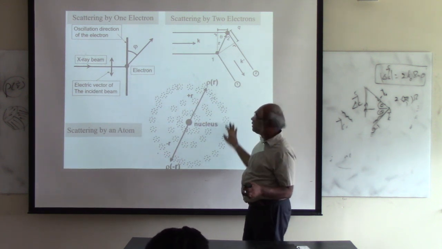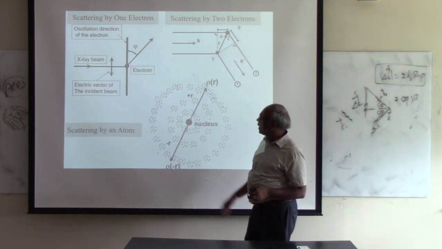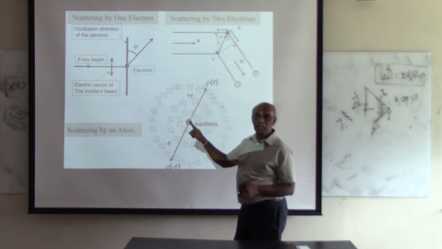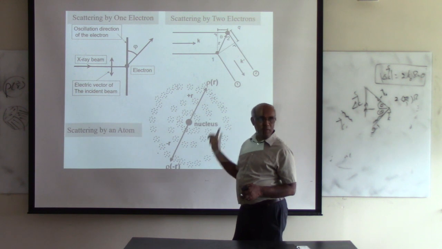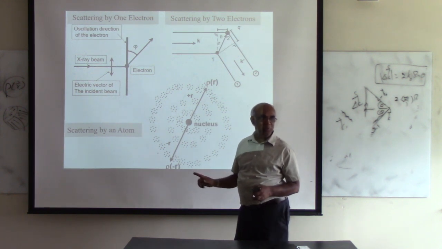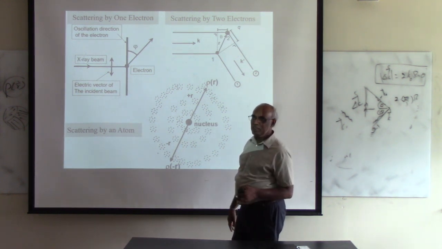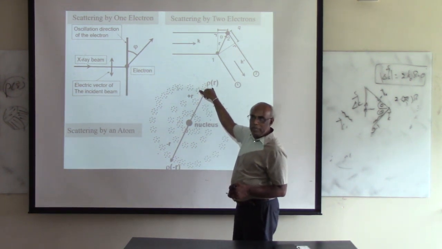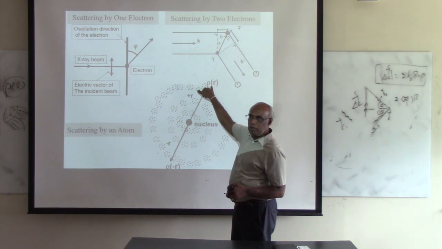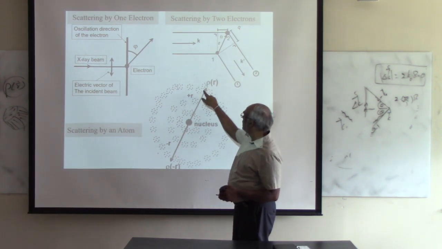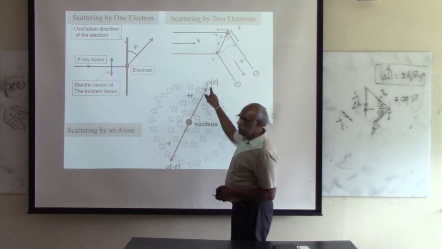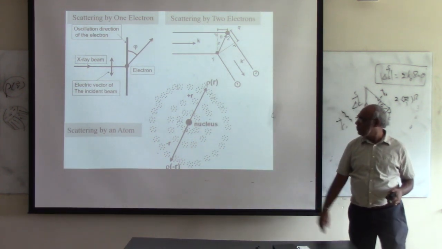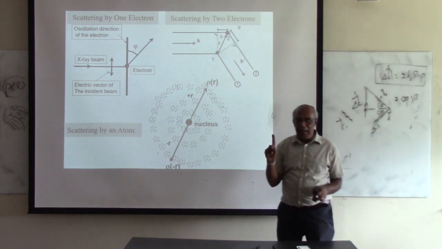These are like an electron cloud. So that means the X-ray beam is going to get scattered from all these electrons, right? So that's why it's getting a little complicated, right? That's why we define this whole atom with some charge density rho(r). So the rho depends on the distance, right? But this is still from one atom.